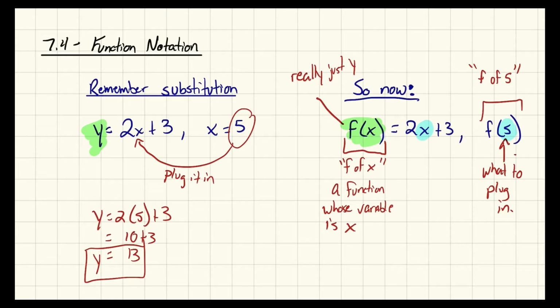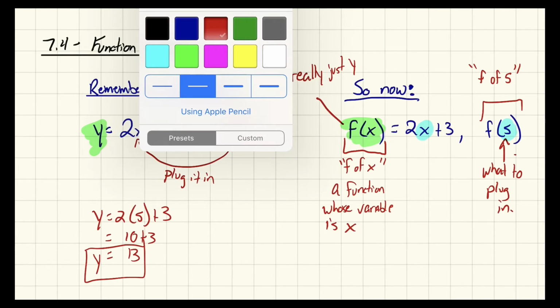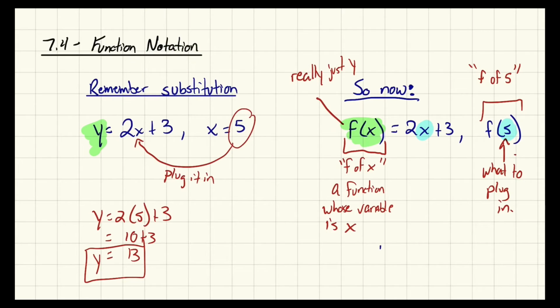And all we would say is when we write that out, we would just say, hey, cool, f of 5. So if I'm plugging 5 in, it'll look like this. And when I solve that out, that ends up getting 10 plus 3, which ends up being 13. And that's our answer.